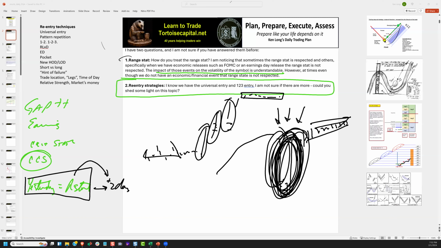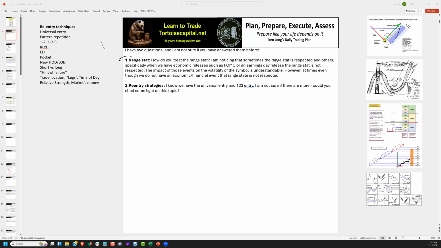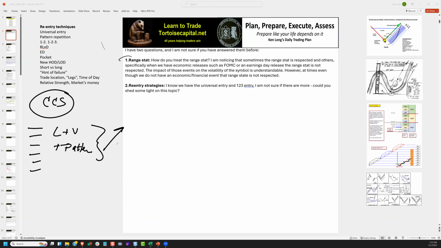So one of the ideas behind the sniper and the compound critical state is you're stacking up a bunch of reasons like location plus volatility plus a pattern that leads to an increased probability of large moves. That is exactly what the compound critical state and the sniper trading is trying to do.